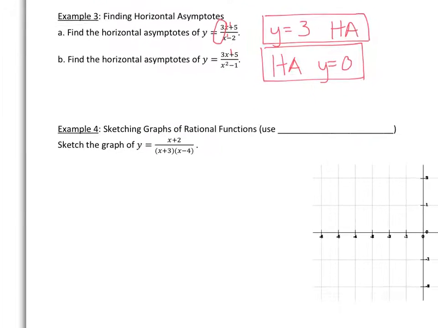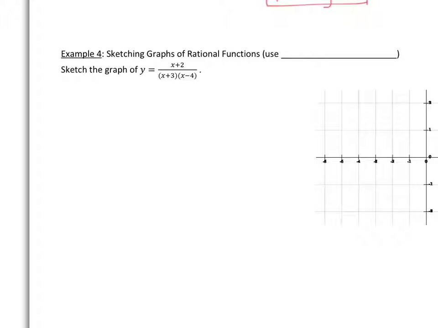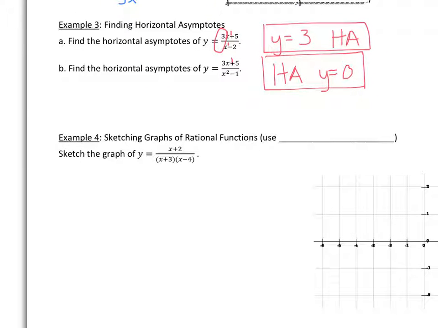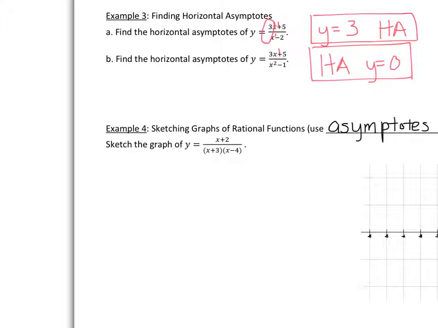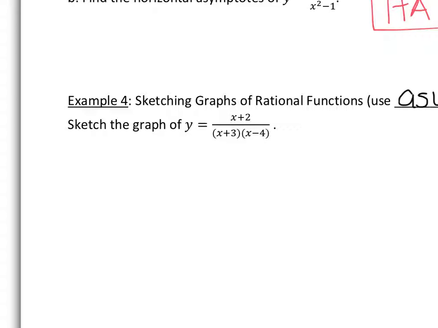Now let's put it all together for this last example. Call this the big kahuna of the whole thing. We're going to sketch a rational function using the asymptotes. Let's find our vertical asymptotes first.